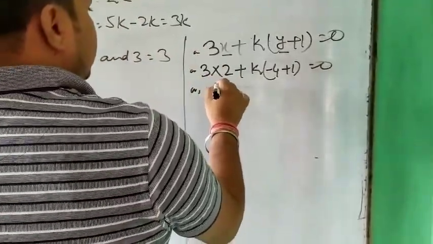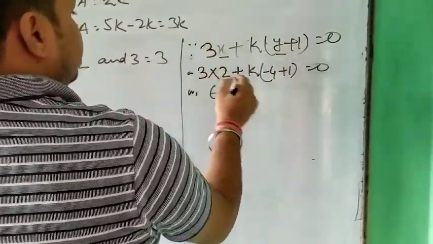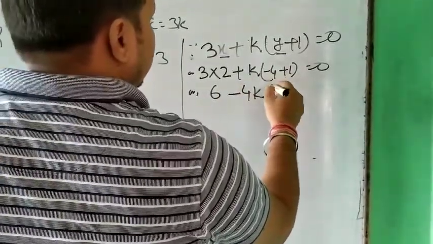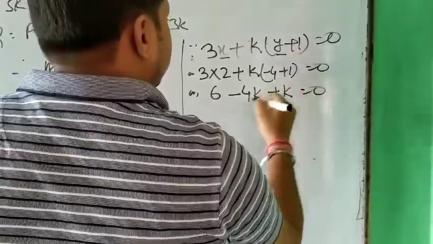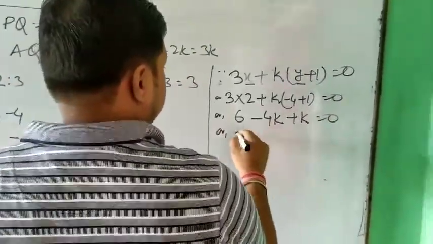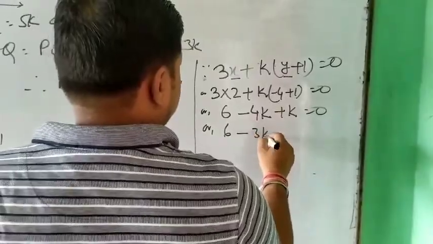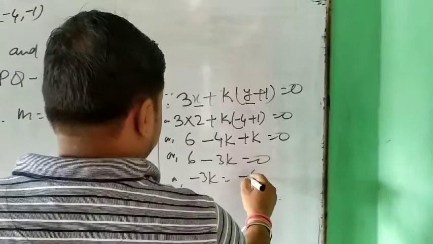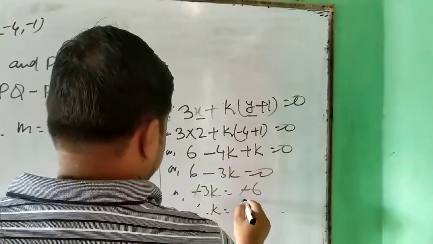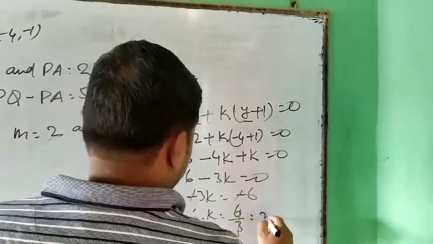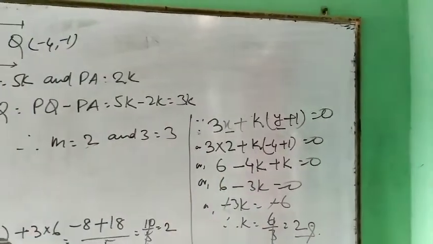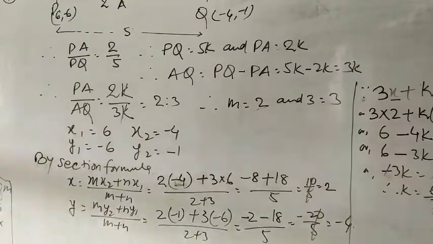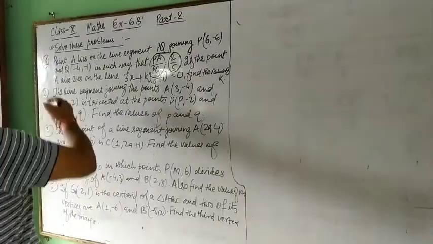So here 6 minus 4k plus k equals 0. So that 6 minus 3k equals 0, or -3k equals -6, minus cancels, so k equals 6 by 3, that means 2. That's the value of k. Okay, your first question is complete.